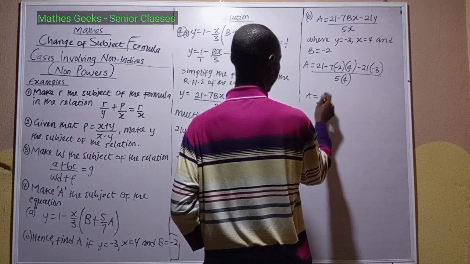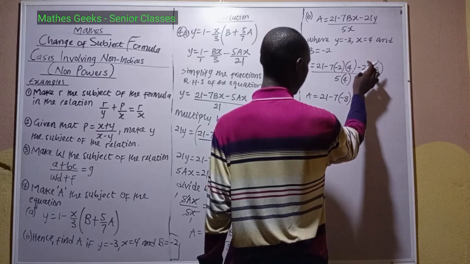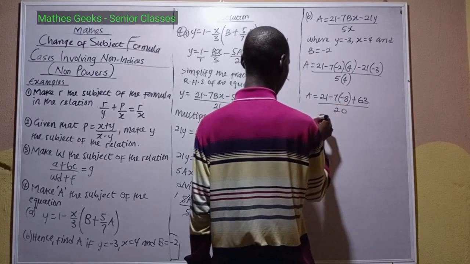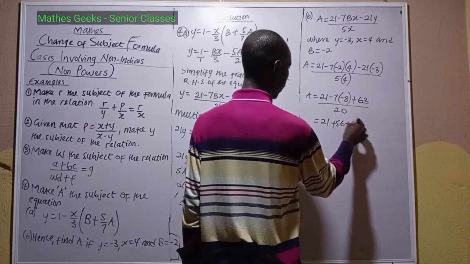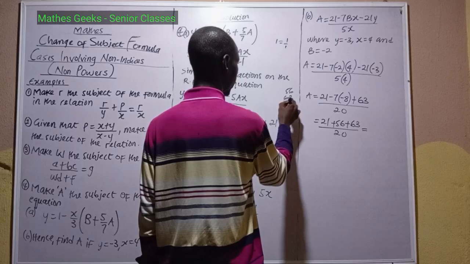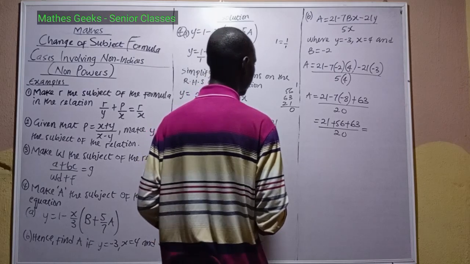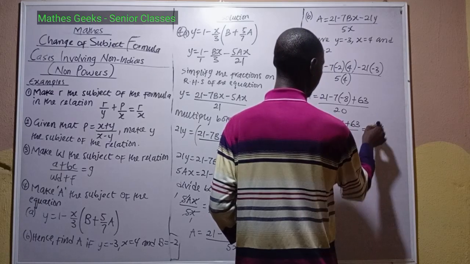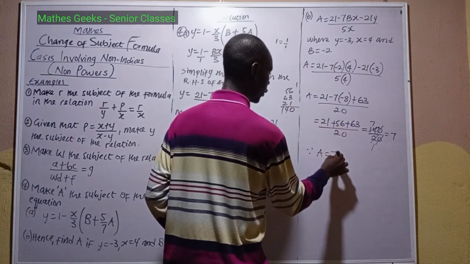So A equals 21 minus 2 times 4, 7 times minus 8, and minus 21 times minus 3 will give us plus 63, over 20. 21 minus 7 times minus 8 will give us plus 56, plus 63 over 20. 56 plus 63 plus 21 gives 140. 140 divided by 20 is 7. So therefore A is equal to 7.